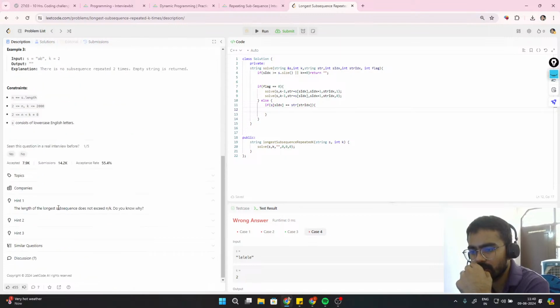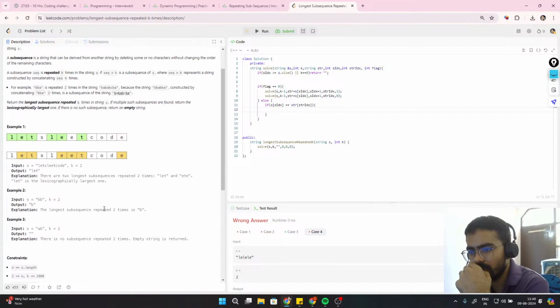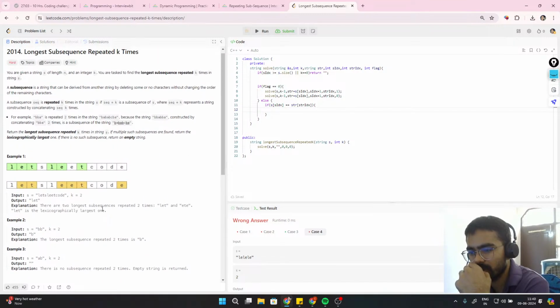The length of the longest subsequence does not exceed n divided by k. Do you know why?